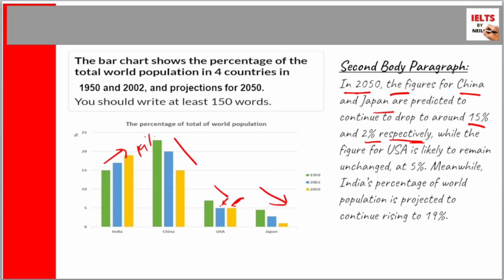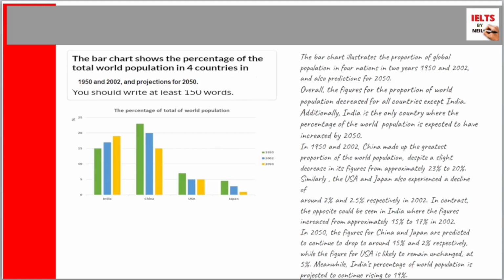Now let me make it a full structure. The final writing will look something like this. Here is the introduction, overall statement, first body paragraph, and the second body paragraph. Always remember this structure: introduction, overall statement, first body paragraph, second body paragraph.